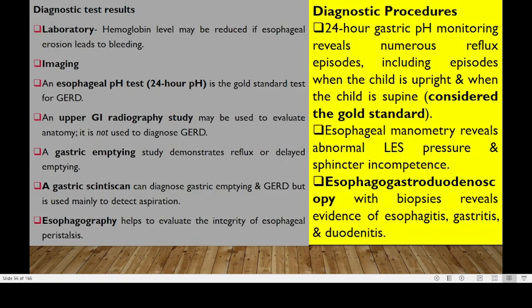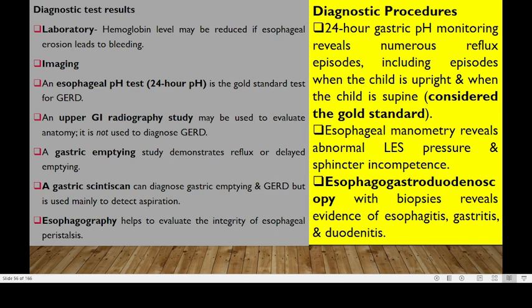In terms of tests, we could do the hemoglobin level, which may be reduced if esophageal erosion is leading to bleeding. In terms of imaging, an esophageal pH study, which is the gold standard test, we could do that. The upper GI radiography study may also be used to evaluate anatomy, although it is not used to diagnose gastroesophageal reflux disease.